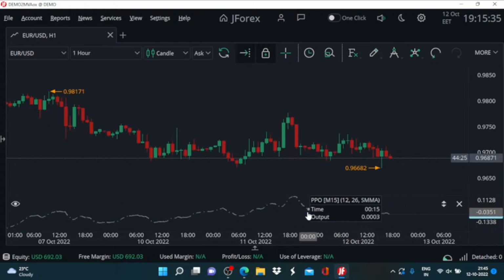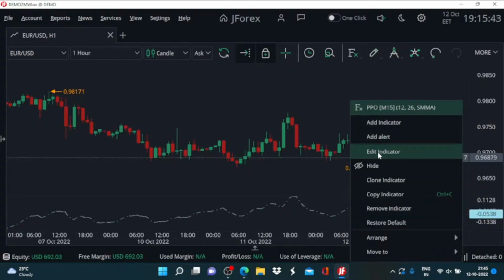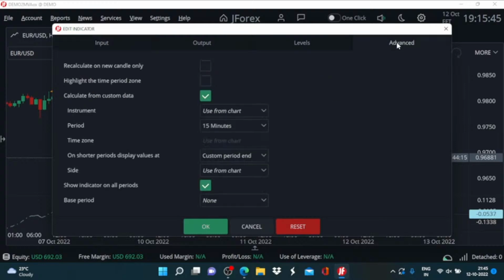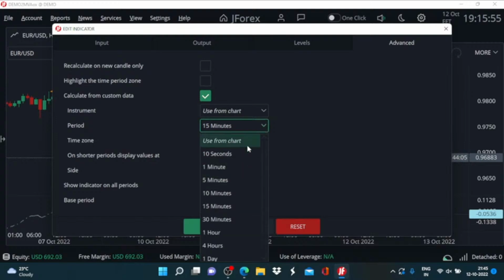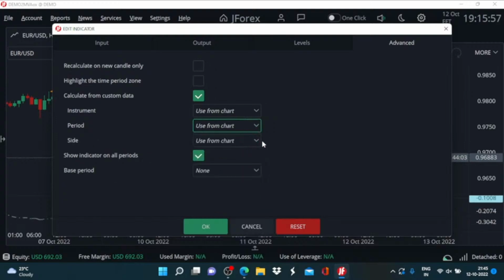So here this PPO calculation is dependent on 15-minute candles, not on the hourly. So you can go for different combinations. Advanced. Now I will restore it back to use from the chart.